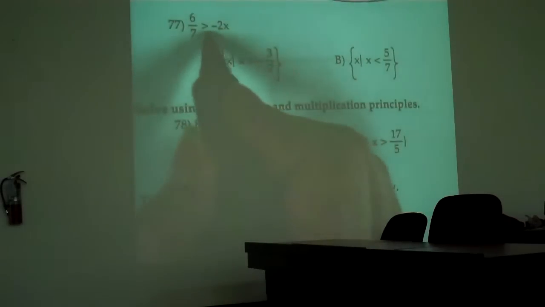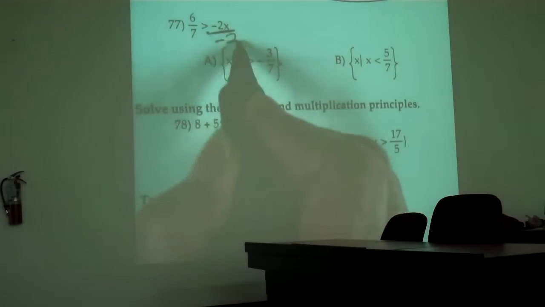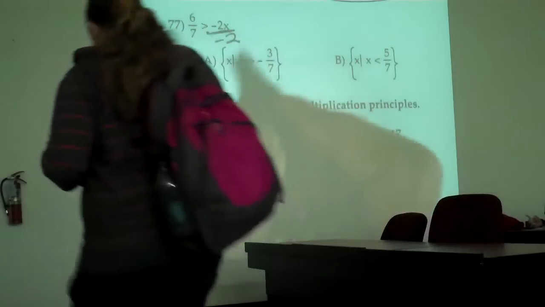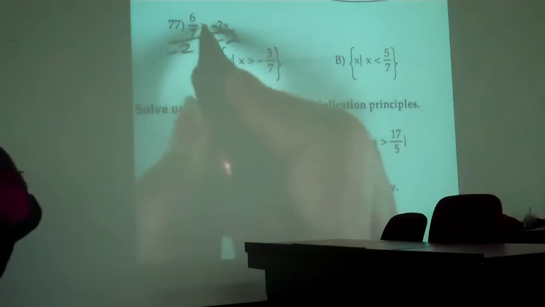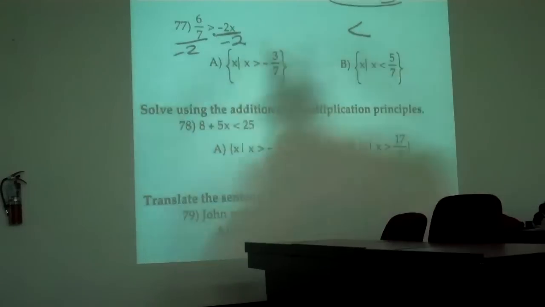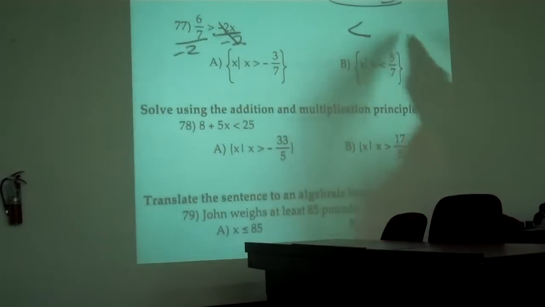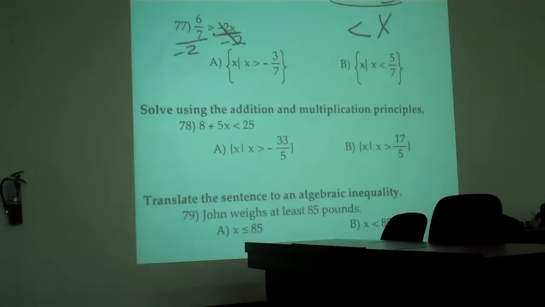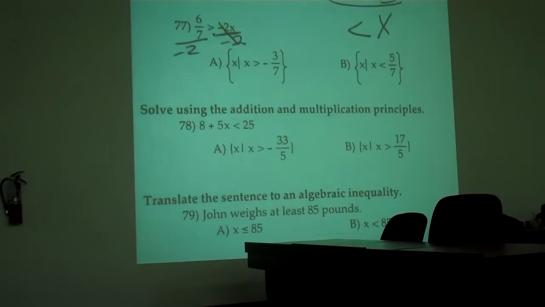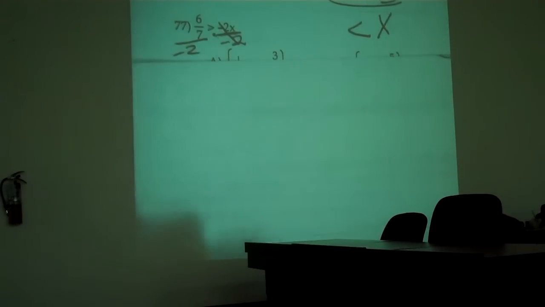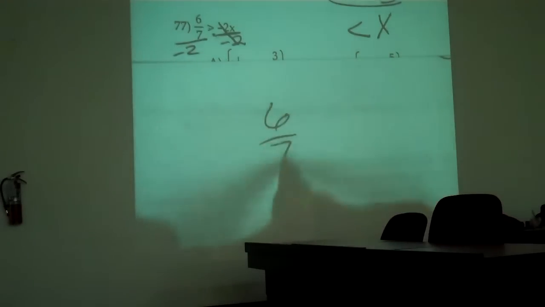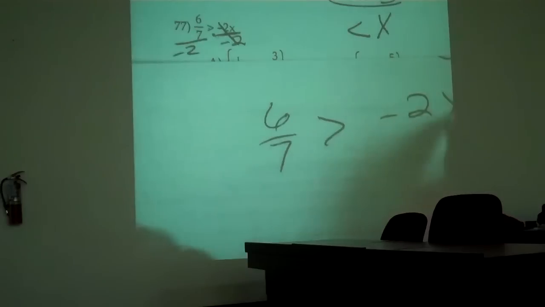This one we need to divide by negative 2. What does that do to your sign? It's going to change it to less than. Okay, the x will be over here. We should do this on a piece of scratch paper, because there's more to do than just that. We had 6/7 is greater than negative 2x.